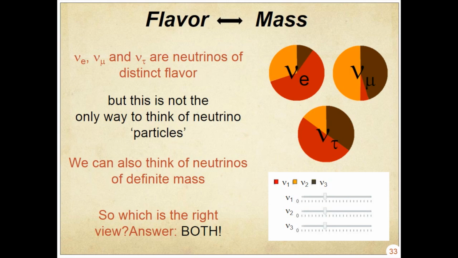Mass 1, mass 2, mass 3. Good enough? Okay? And that the actual neutrinos you could either think of as nu e, nu mu, nu tau, or you can think of as M1, M2, M3. But really what they are is quantum mechanical mixtures of those. No perspective is more right than the other. Right?